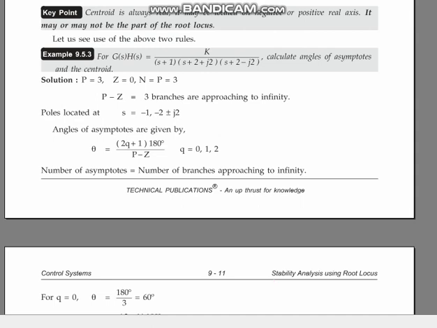Consider G(s)H(s) equals K divided by (s plus 1)(s plus 2 plus j2)(s plus 2 minus j2). Calculate the angles of the asymptotes and the centroid. This example will describe rules number 4 and 5.